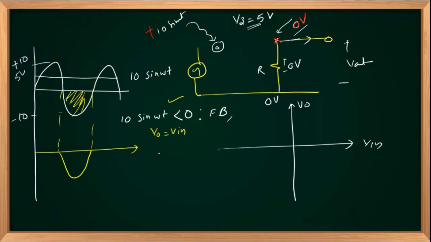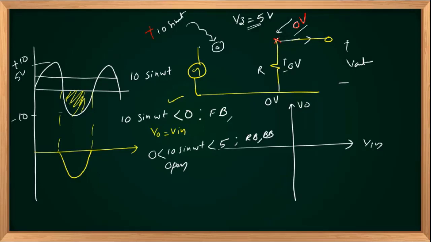So if 10 sin omega t is greater than 0 and less than 5 volts, it is in reverse biased before breakdown mode, and acts as an open circuit.